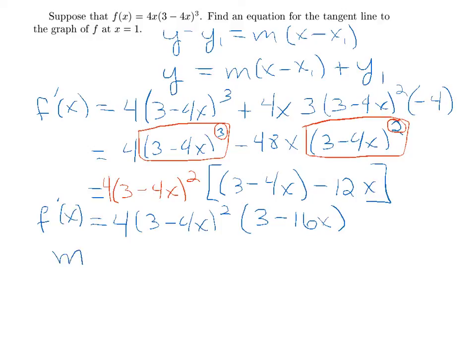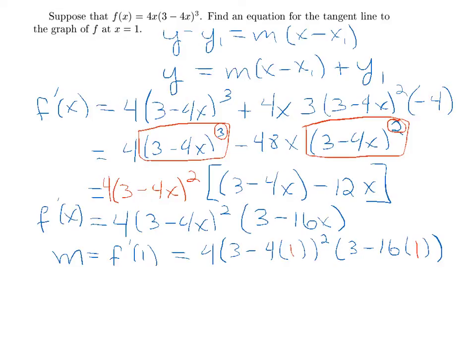Okay, so the slope is the derivative evaluated at this point, x equals 1. So I will substitute that in. So I'll plug the 1 in, and then do a quick simplification here.